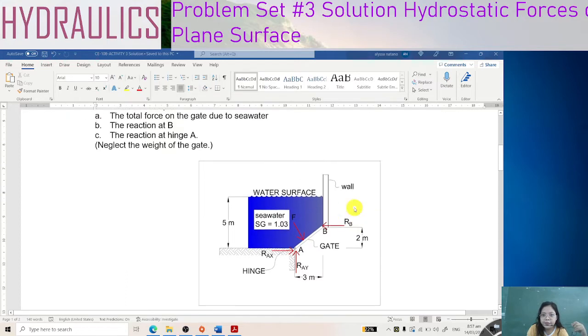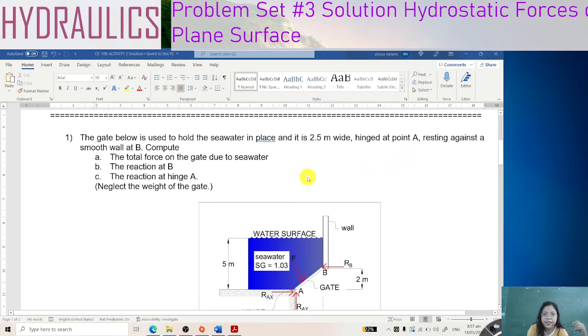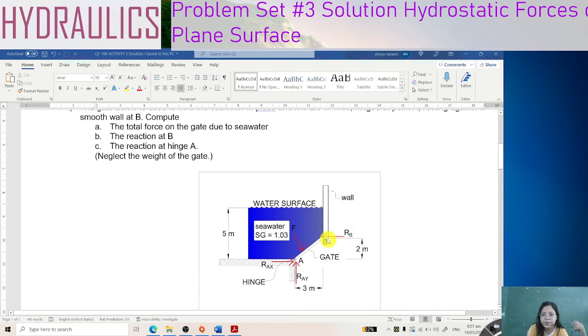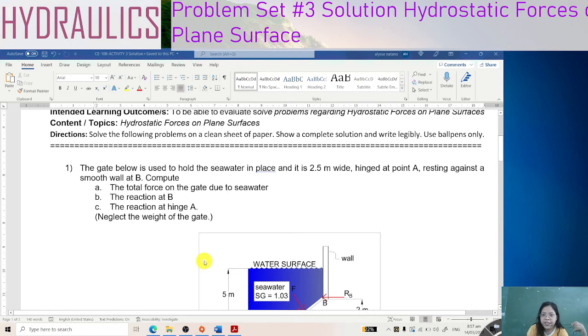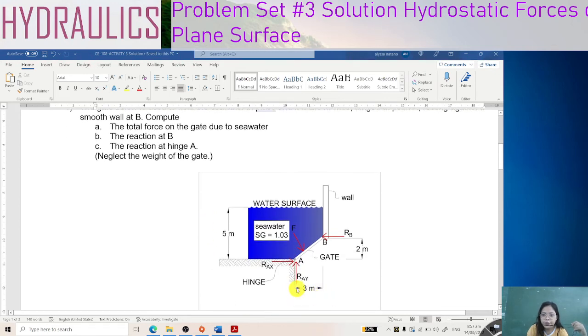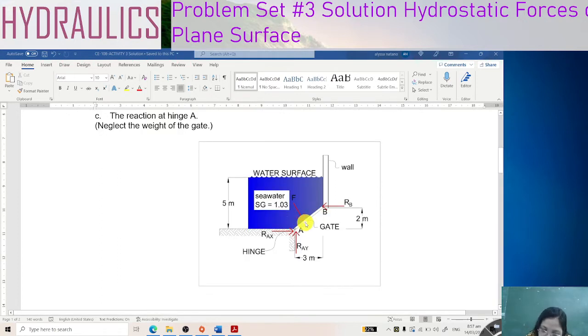Tapos reaction at B kasi sabi dito resting siya at a smooth wall at B. So nagkaroon siya ng horizontal reaction. And then kapag dating mo kay A, meron naman siyang hinge. So hinge connection, therefore meron tayong horizontal and vertical na reactions. So yung kulay red na yan ang ating iisa-isahin. Okay, para sa ating problema.